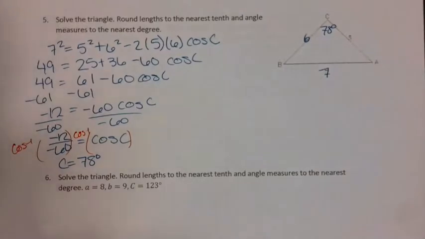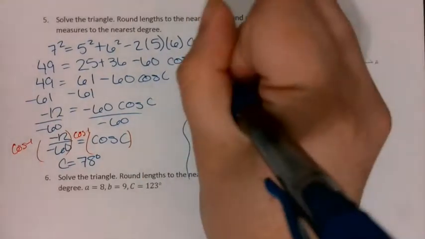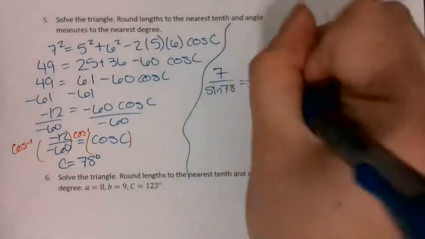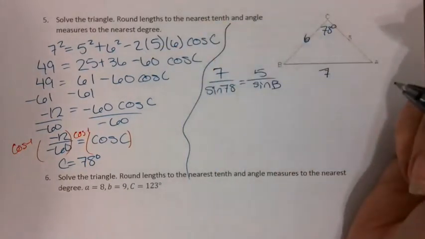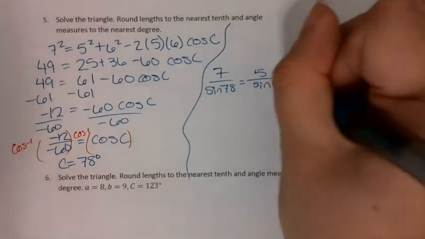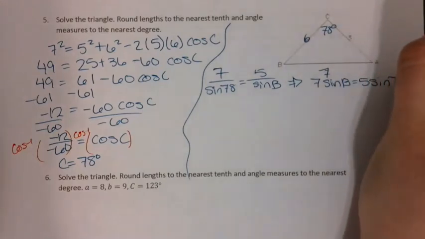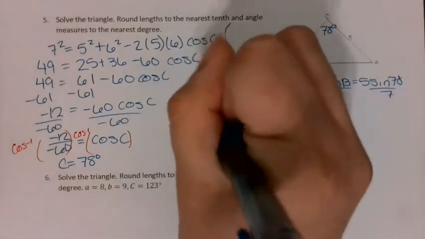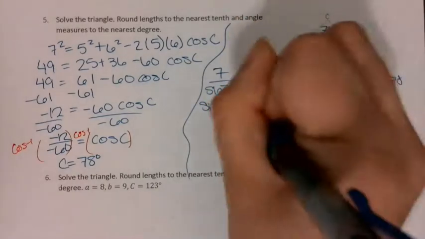Now that I have an angle measure, I can go ahead and use the law of sines to solve for another side. I'm going to have 7 over sine of 78 equals, I'll pick 5, over sine of B. I just want to cross multiply to get rid of my fraction. So I have 7 sine B equals 5 sine of 78. Want to divide both sides by 7. End up with sine B equals 5 sine 78 over 7.